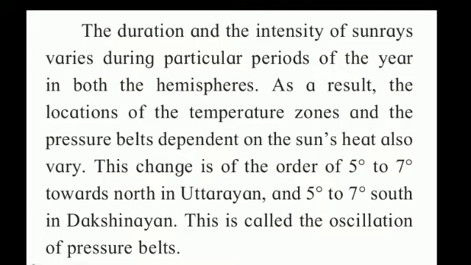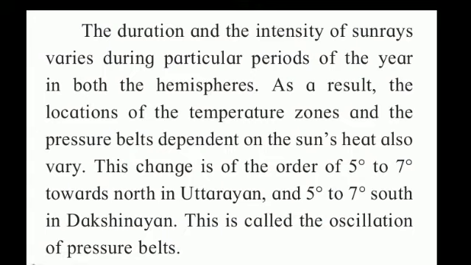Vary means change. This change is of the order of 5 degrees to 7 degrees towards the north in Uttarayan. Underline this word, students, Uttarayan. Uttarayan means north. And 5 degrees to 7 degrees south in Dakshinayan. Underline this word also. Dakshinayan means south. This is called the oscillation of pressure belts.